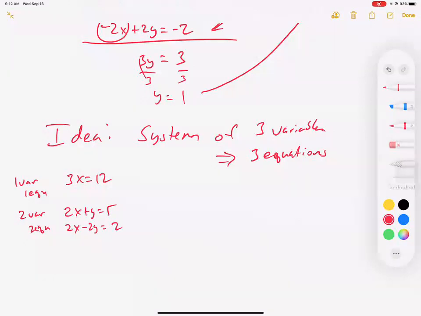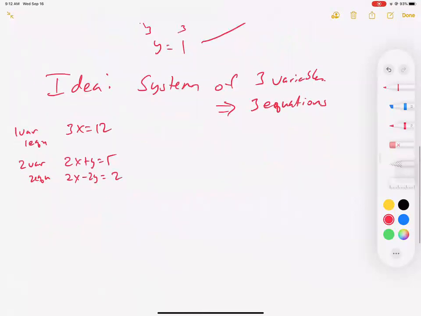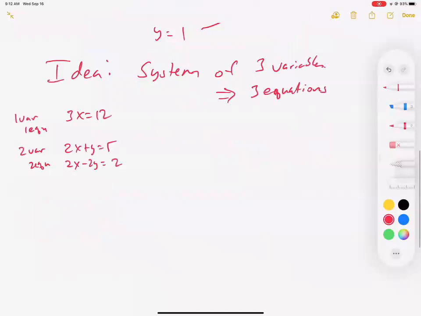Now 3 variables, 3 equations. So we're going to start off pretty light. I'm going to practically feed you what one of those variables is going to be. So here is our first example: negative 3x minus 2y plus 3z equals 15, z is equal to negative 6, and negative 2x plus 3y plus z is equal to 3.